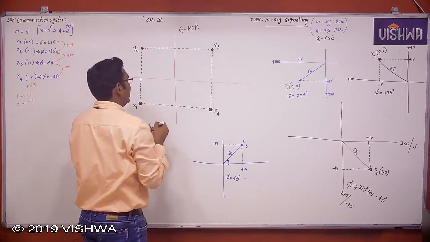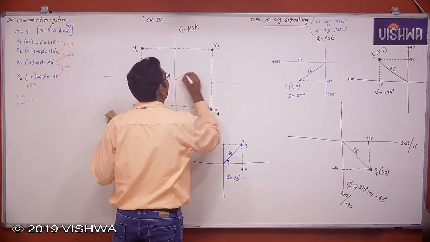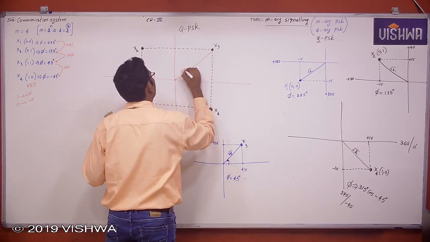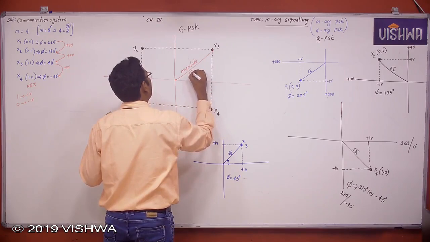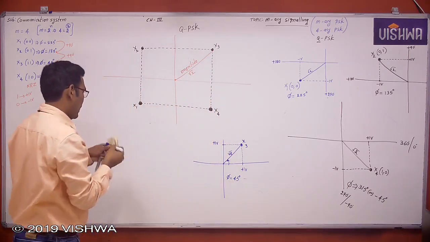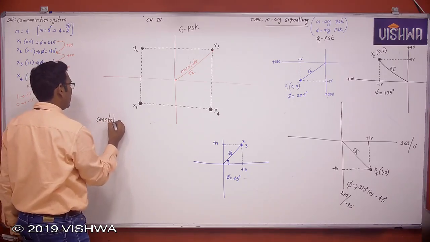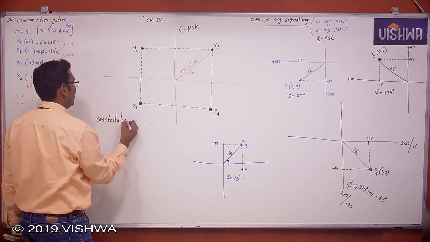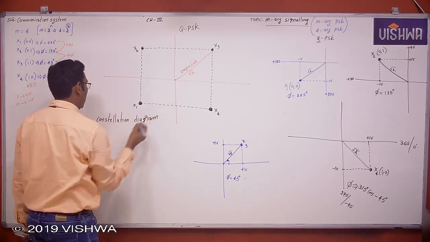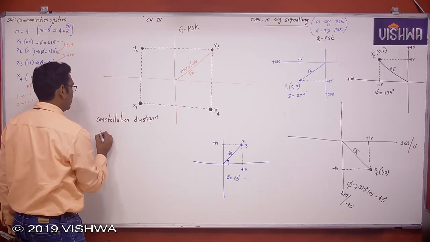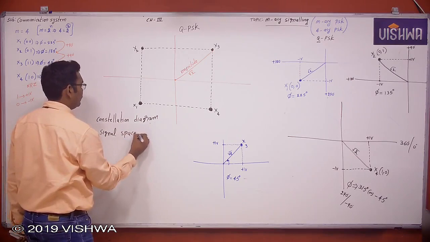And the distance from the origin to that particular symbol is called magnitude. Now this diagram is called a constellation diagram, and this is also called a signal space diagram.